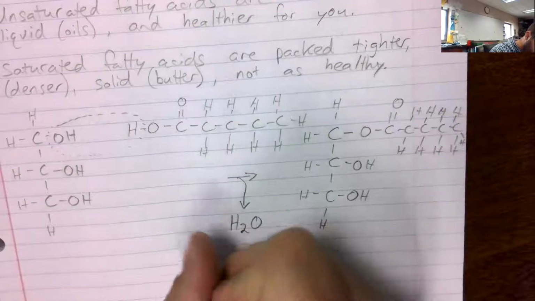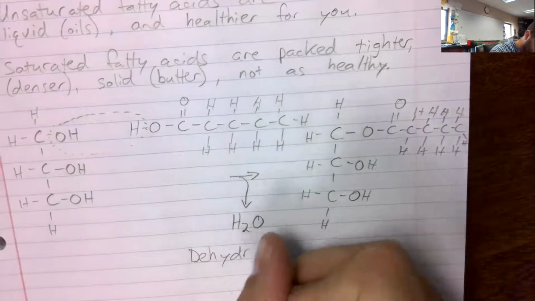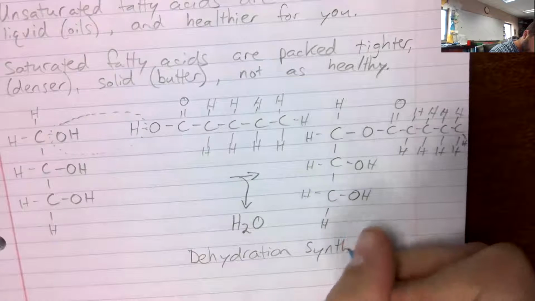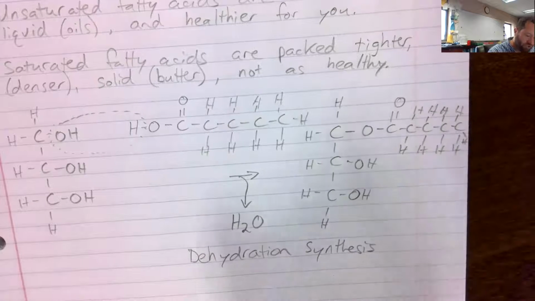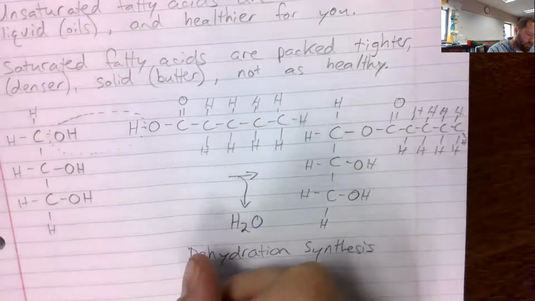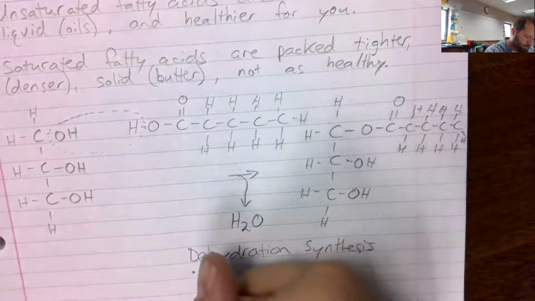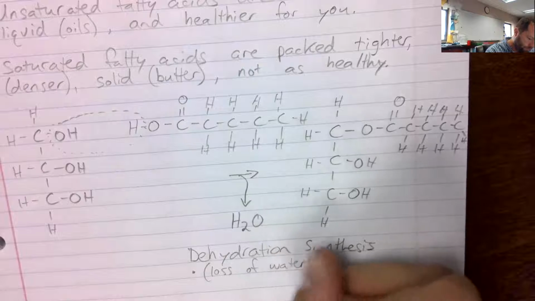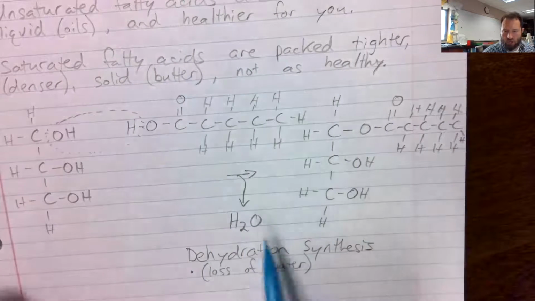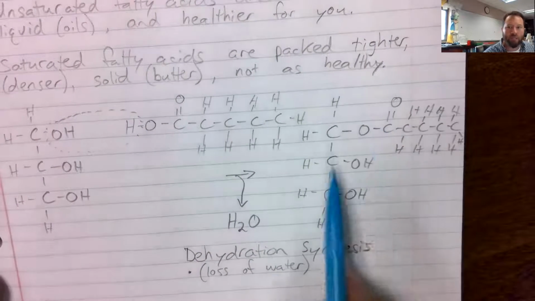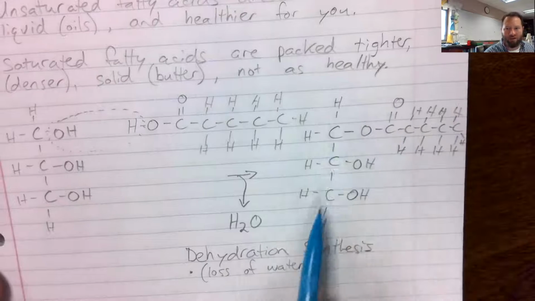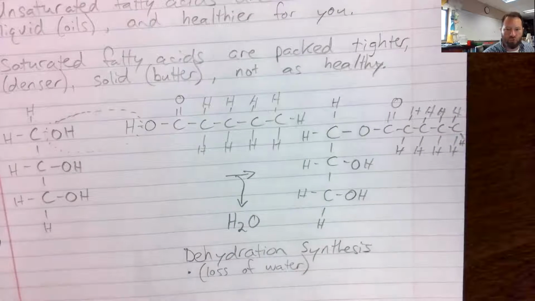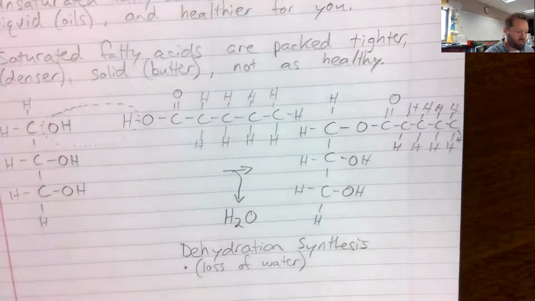And overall, this is called a dehydration synthesis. The reason for that is that there's a loss of water, dehydration. We're synthesizing or making something. We connected that tail onto the glycerol. Water came out, water was lost, so dehydration synthesis.